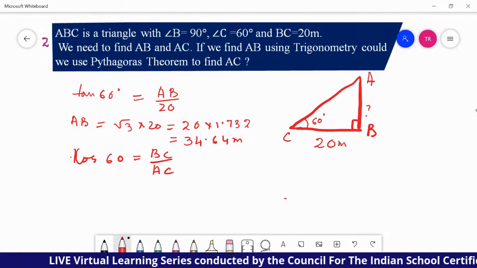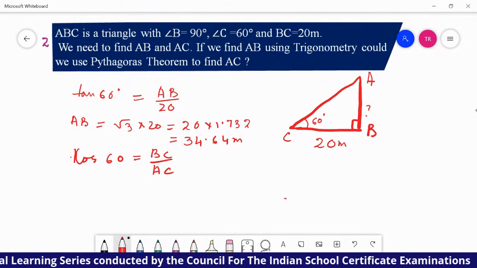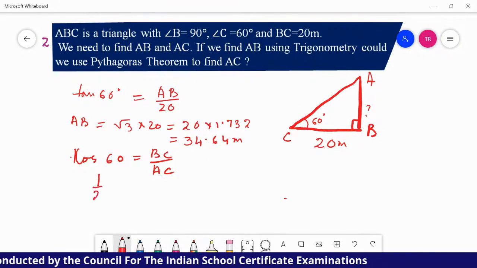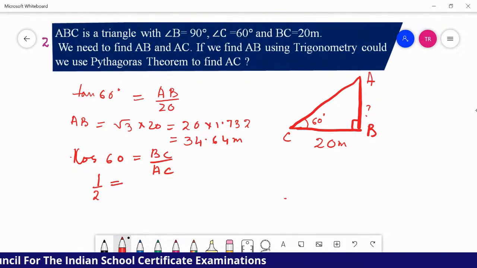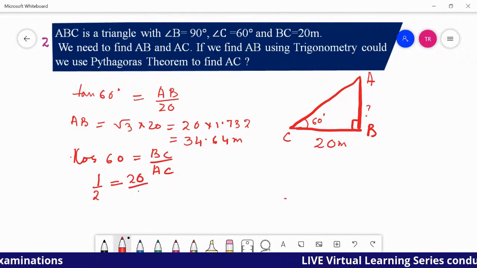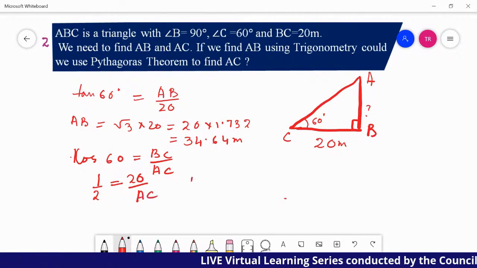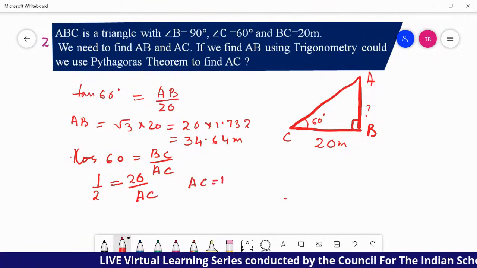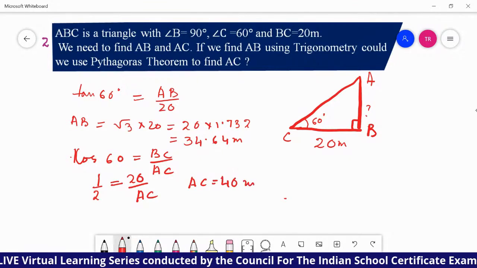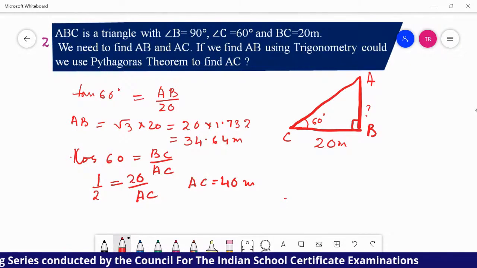You already know cos 60 is half. And BC is equal to 20, upon AC. So AC is equal to 40 meters. So I've got AC straight away by using trigonometry.